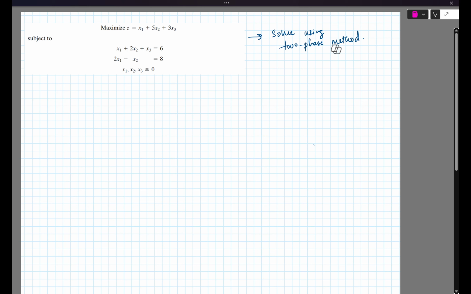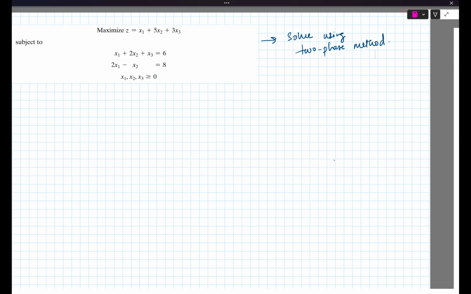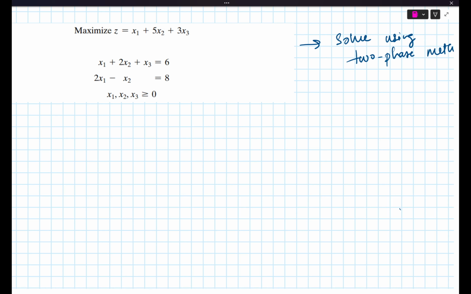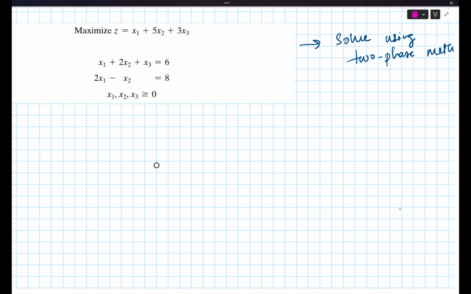So we need to get our initial BFS, and as you can see, here there are equality constraints, and our initial BFS has the identity matrix as our B matrix. To get that, we will need to add the artificial variables.